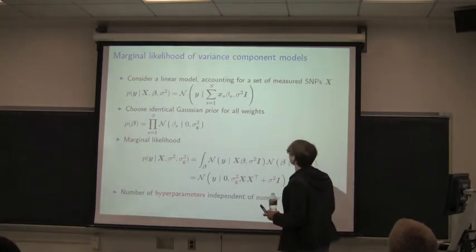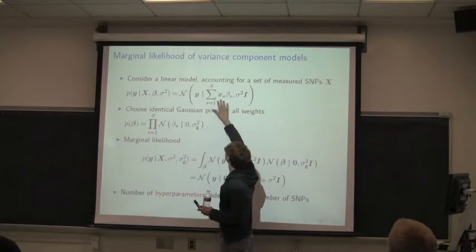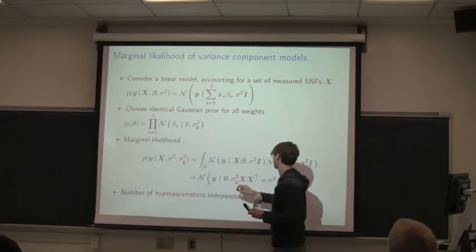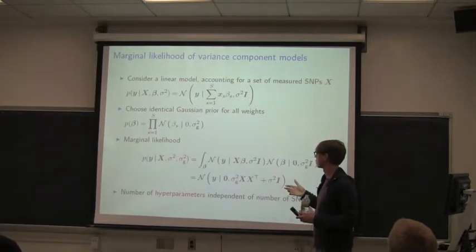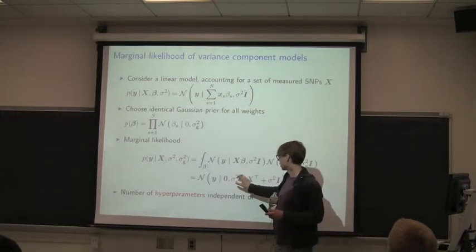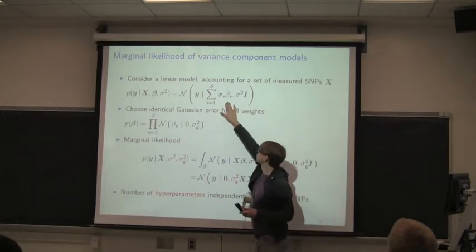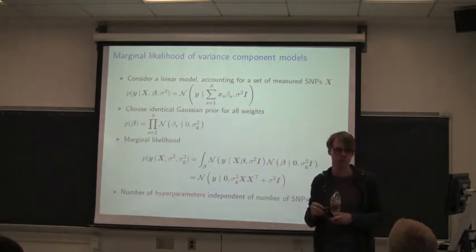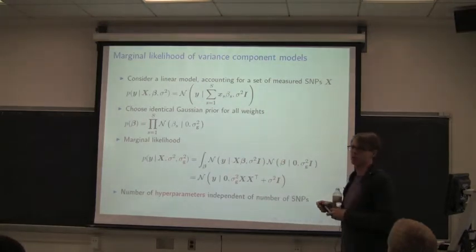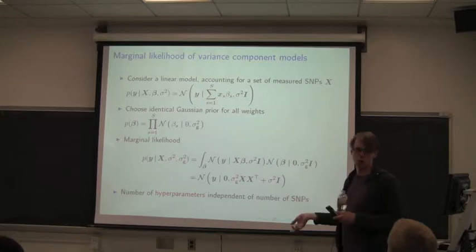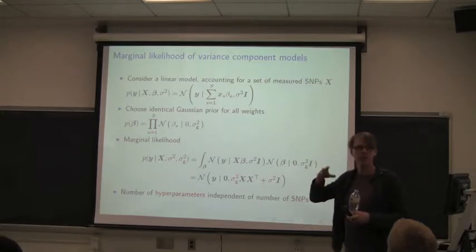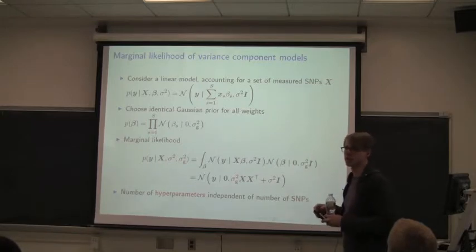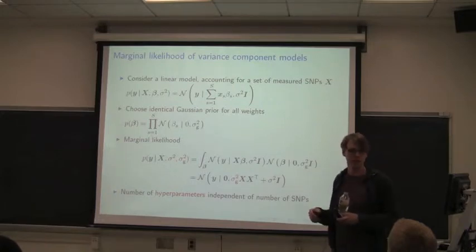So instead of having one parameter per SNP, we only have one parameter that basically reflects the overall amount of variance due to those SNPs, which makes it much easier to do inference. Because with more parameters, you get a more complex model, which increases variance in your estimates. That's something that we saw in the linear regression example.